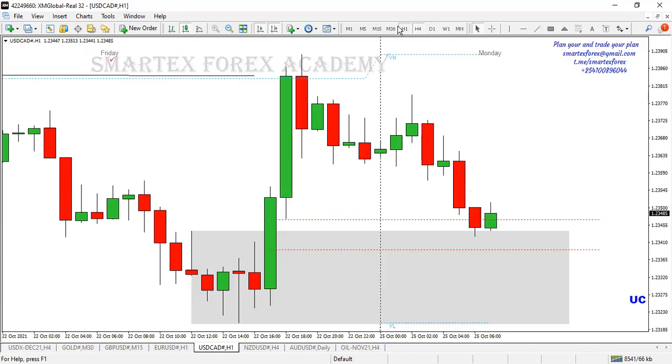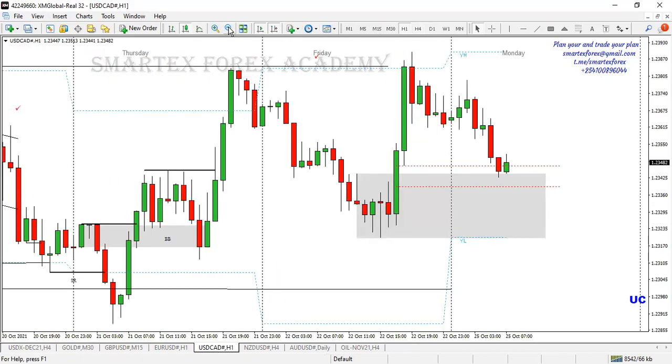If we move to the 4-hour time frame, that is the OB. If we refine it further into the 1-hour time frame, we can refine it up to that zone. That is the 1-hour bullish order block.